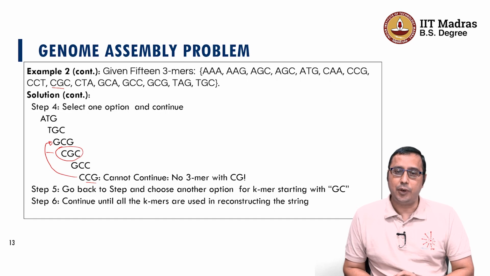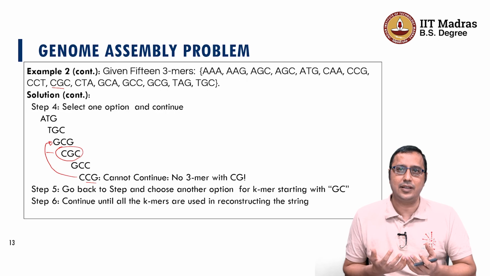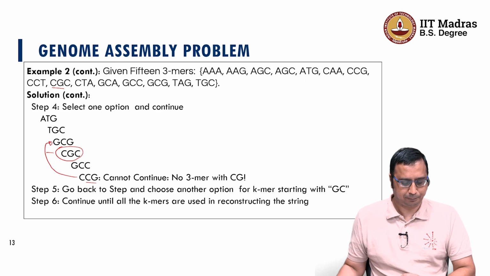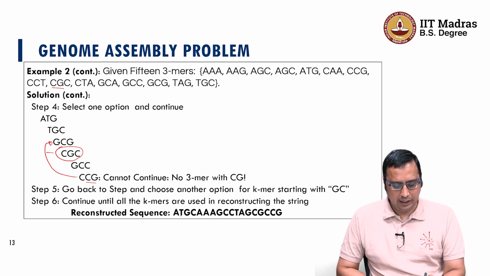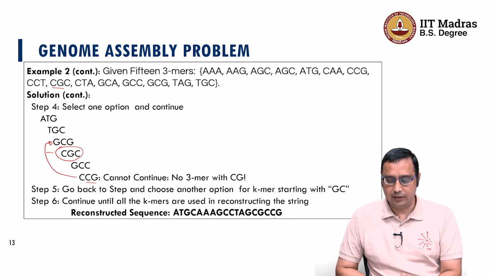As I told you, continue until all k-mers are used in reconstructing the string. And then the answer I get is my reconstructed sequence. So here the reconstructed sequence is ATG, CAA, AGC, CTA, GCG, CCG.